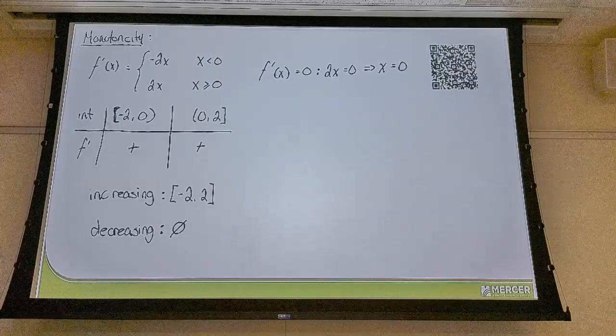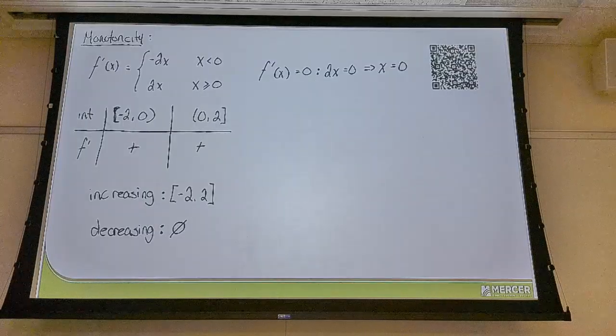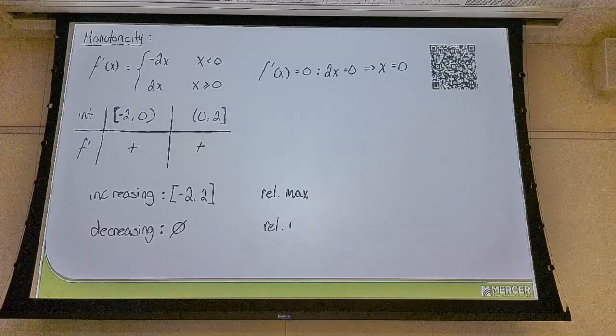Where are we decreasing? Nowhere. Do we have sign changes? Nope. Do we have endpoints? Yes. So do we have extrema? Yes. This is a continuous function on a closed interval. We have extrema. They're actually going to be absolute, but I'm still going to write them as relative.